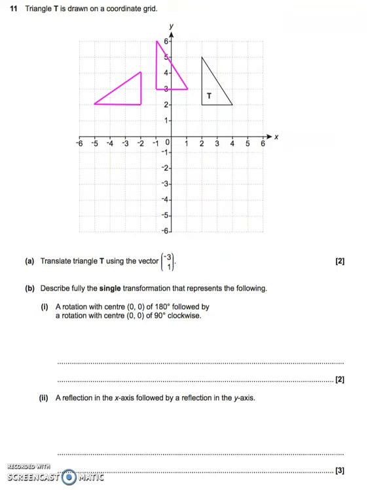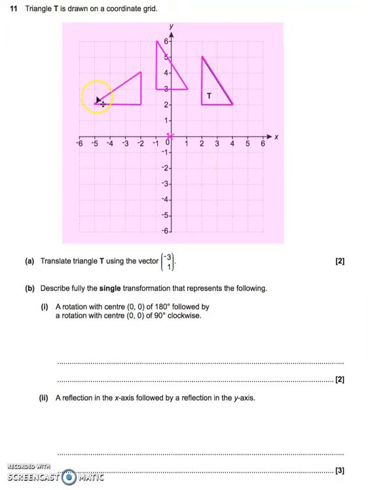Now what we have to do is figure out, because we need to describe the transformation that gets this triangle from here, to here in this space here. Now what we could see, if we were to put this triangle back in the original place, what we should be able to notice is that it has rotated.